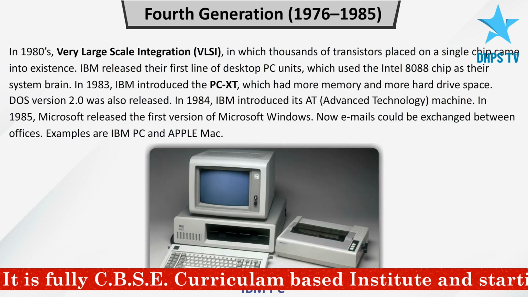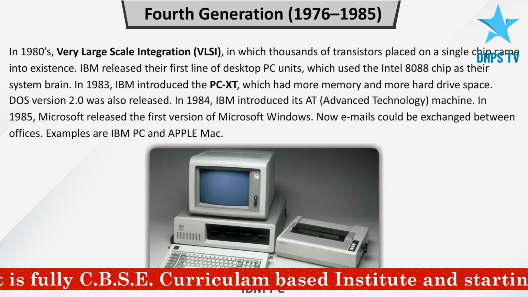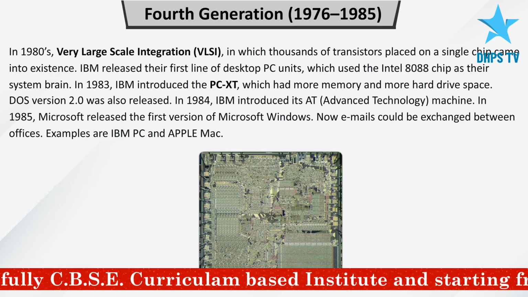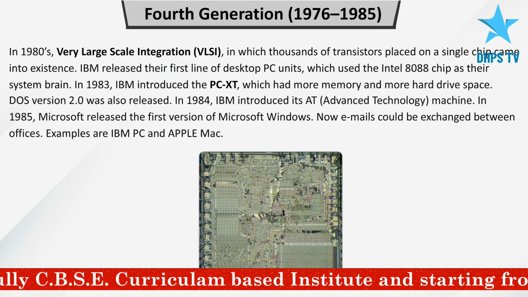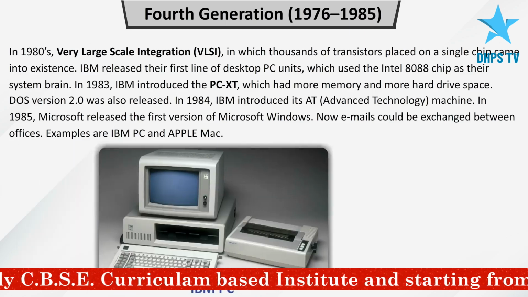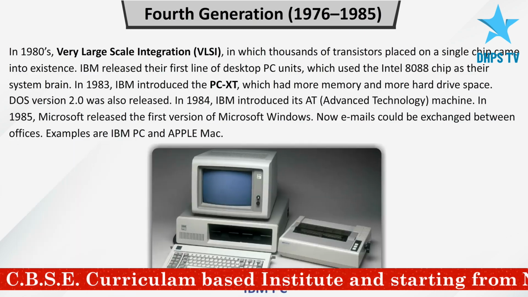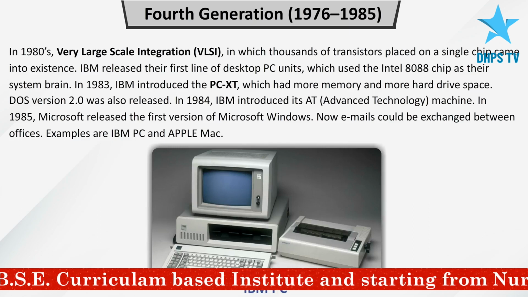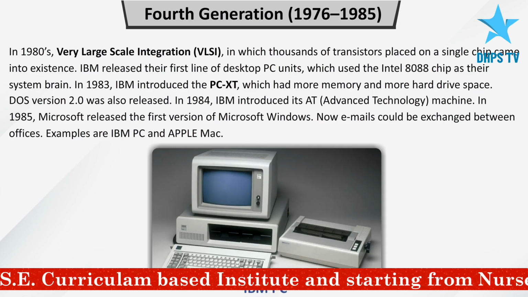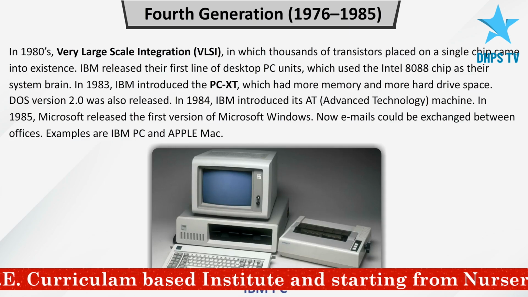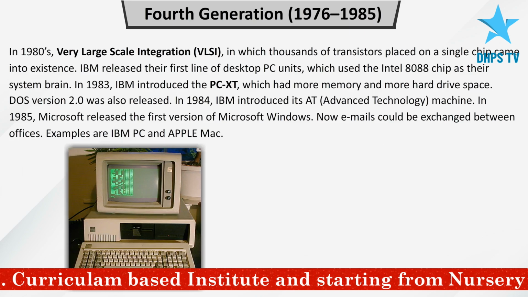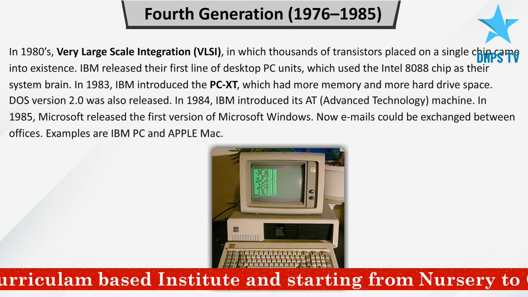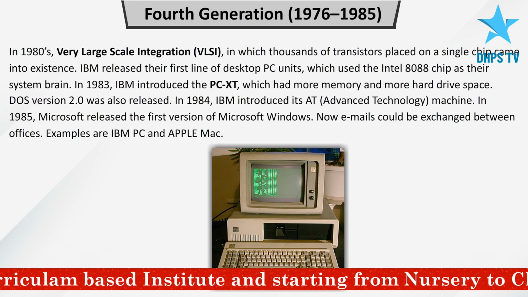IBM released their first line of desktop PC units, which used the Intel 8088 chip as their system brain. In 1983, IBM introduced the PC XT, which had more memory and more hard drive space. DOS version 2.0 was also released.